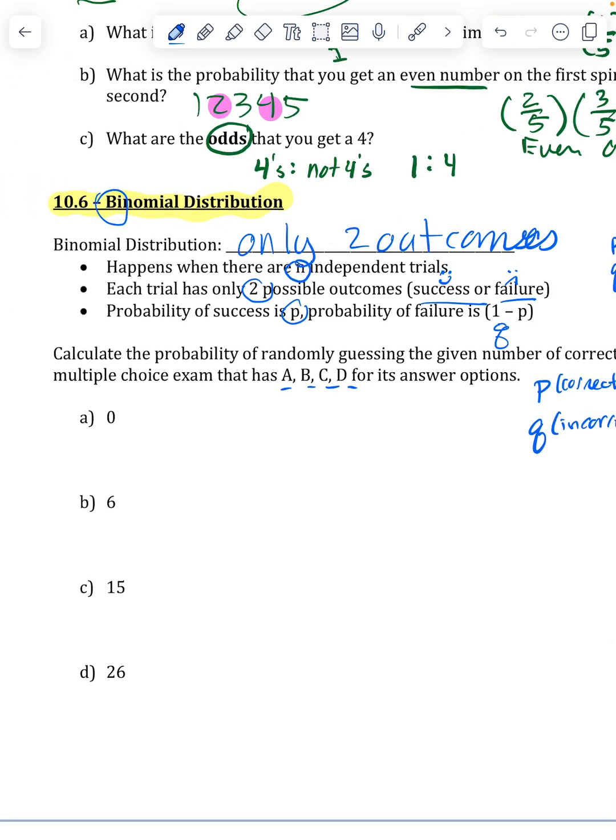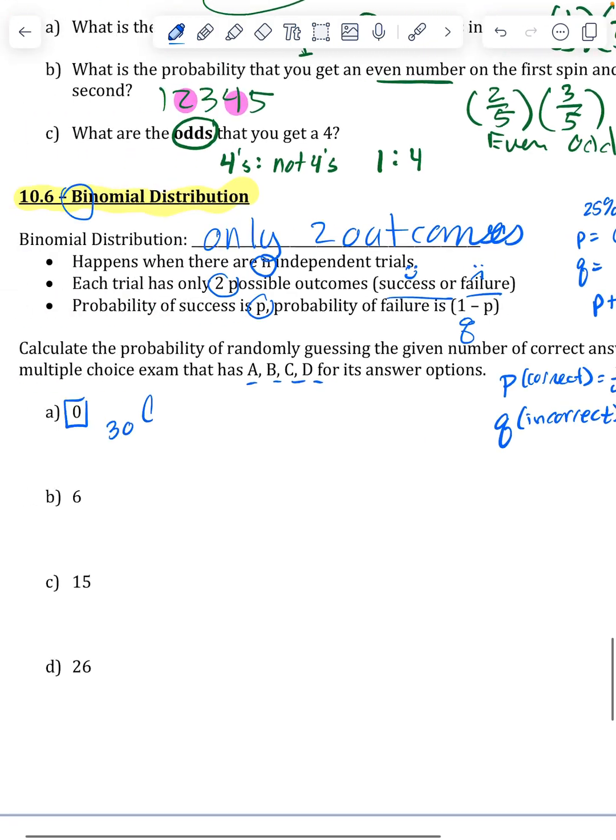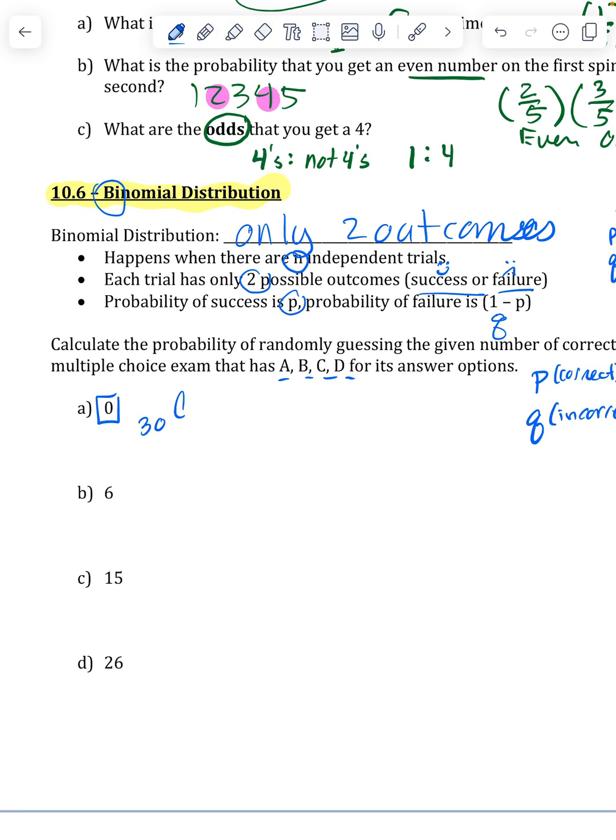Because I have 30 questions, it's going to be 30 choose, here they're saying you get absolutely none right. So 0 right. The probability of getting them right is 1/4, but that's happening 0 times.